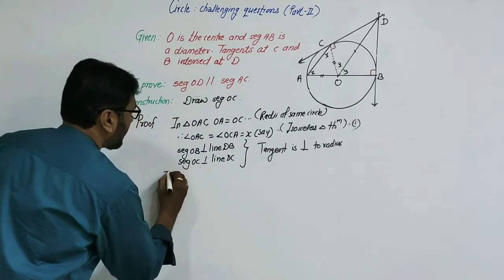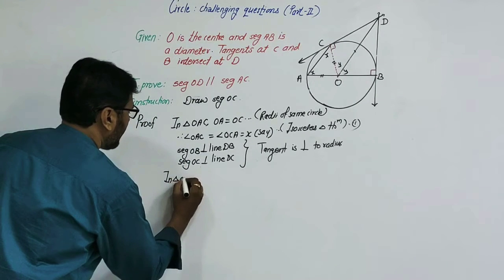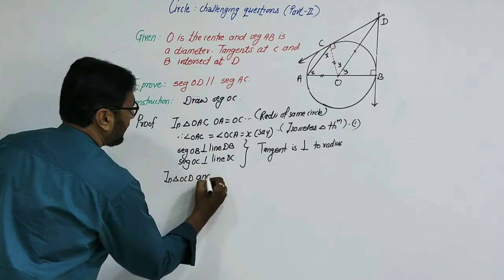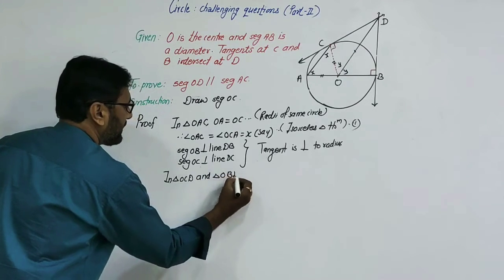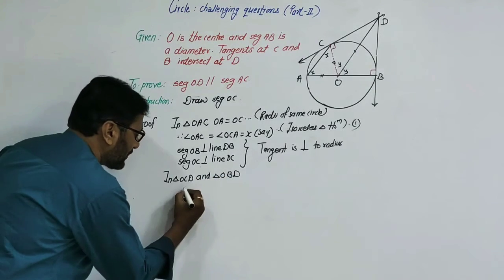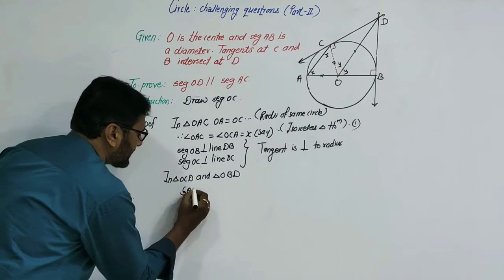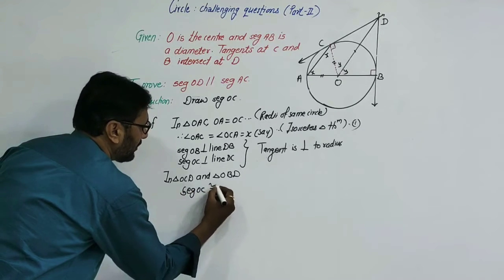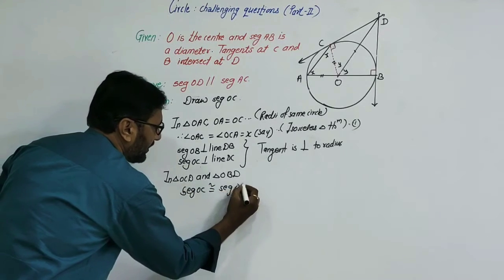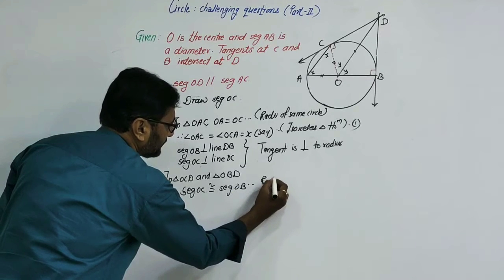So in triangle OCD and triangle OBD, we know segment OC is equal to segment OB, radii of the same circle.